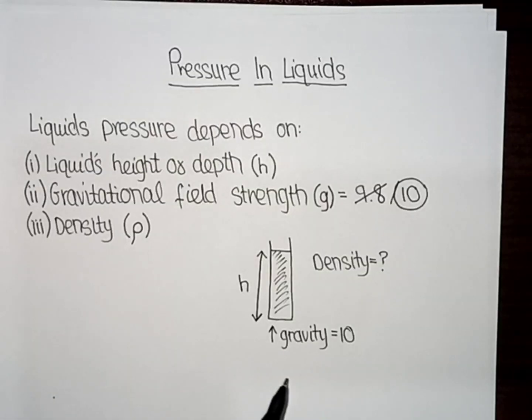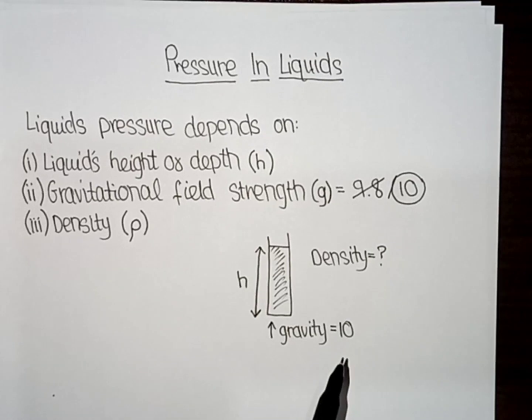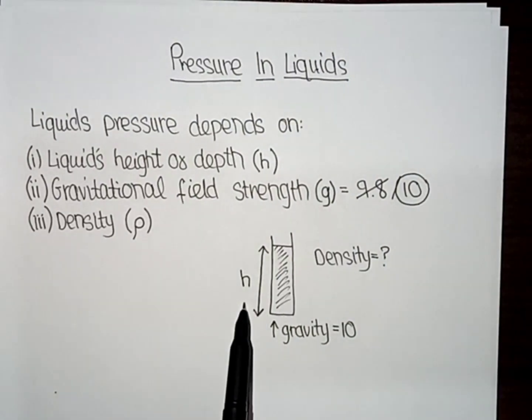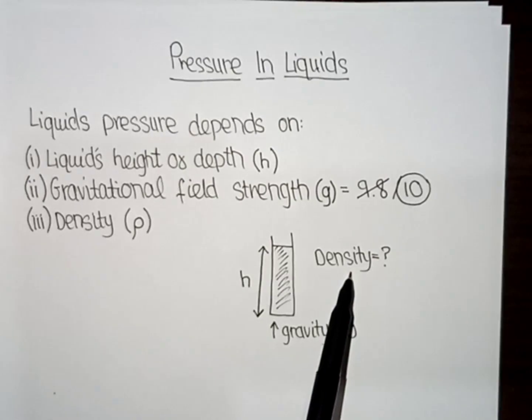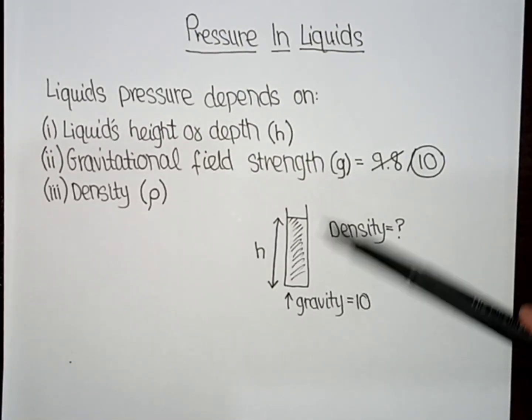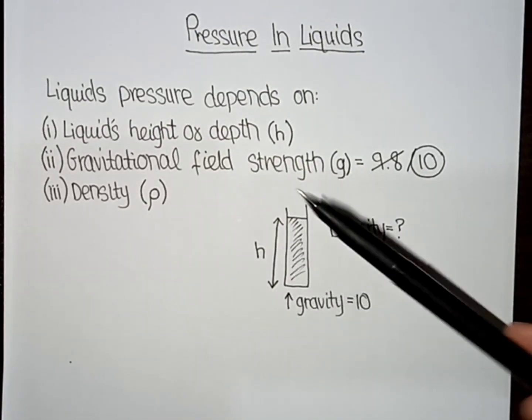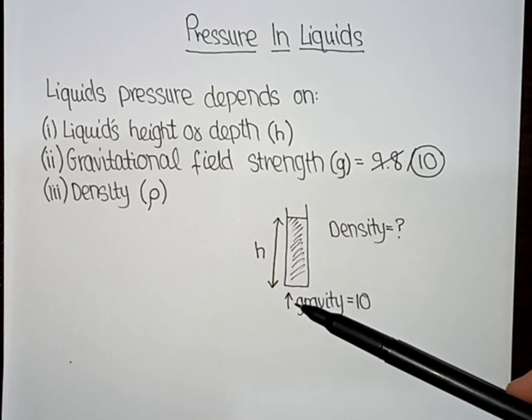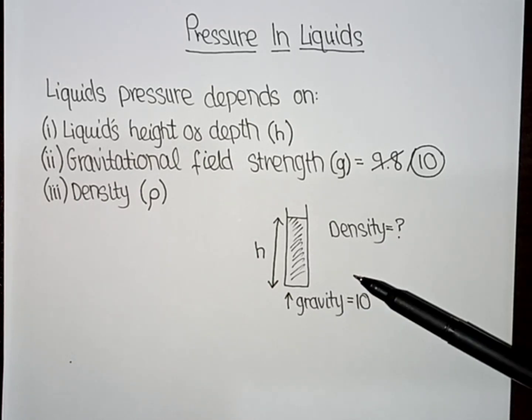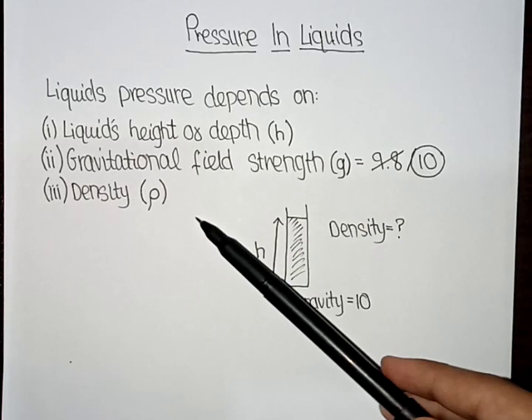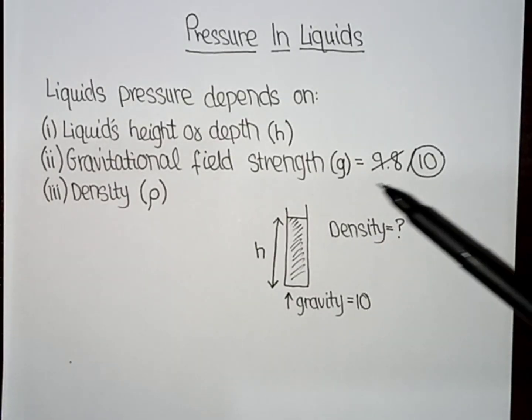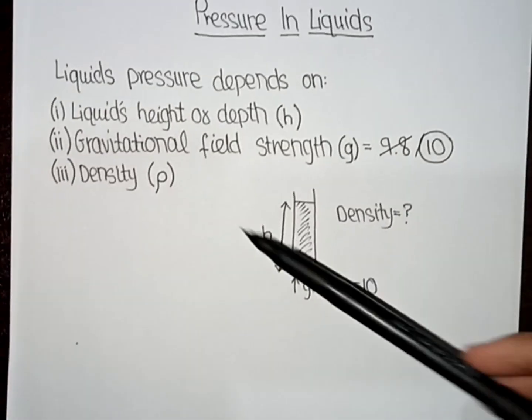So you need to understand about gravity, which is 10, and the height of the liquid, because obviously when a liquid has its own area and its own density, it is also applying force. It is also receiving force from earth, which is known as gravitational field strength, given as 10 in your SI.